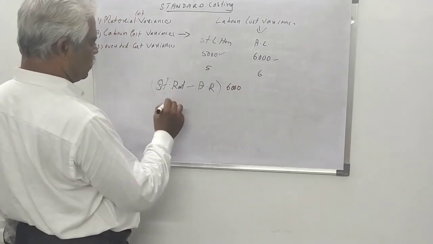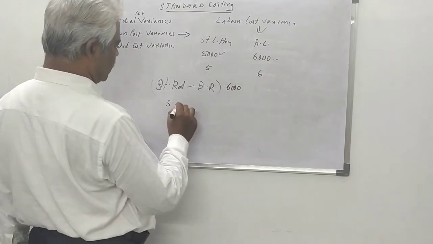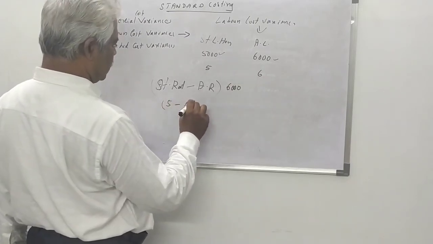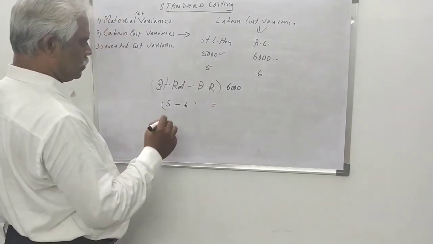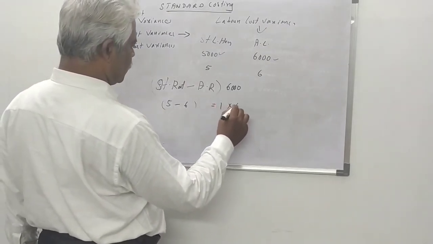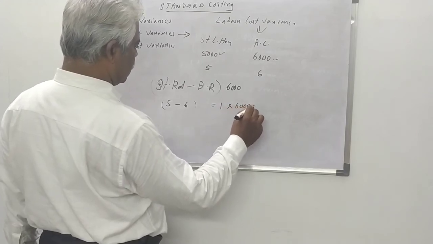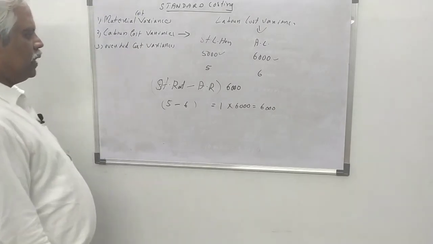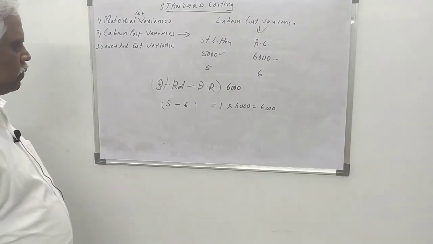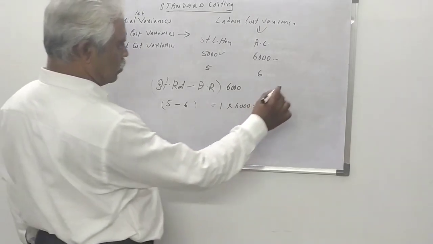So, standard rate 5, actual rate 6, that is equal to 1 into 6,000, that is 6,000.